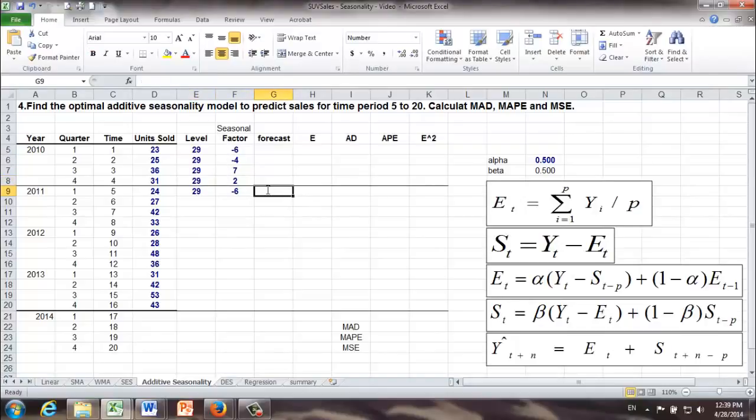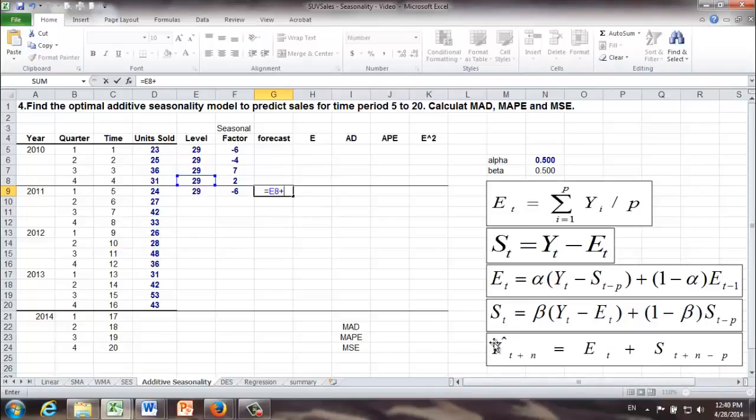So what we're going to do is use the most recent level that is available, which is E4. So we're predicting sales in time period 5, and we know the base level for time period 4, that's the most recent one available, plus S sub t plus n minus p.